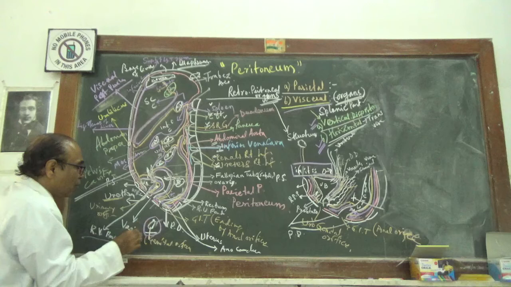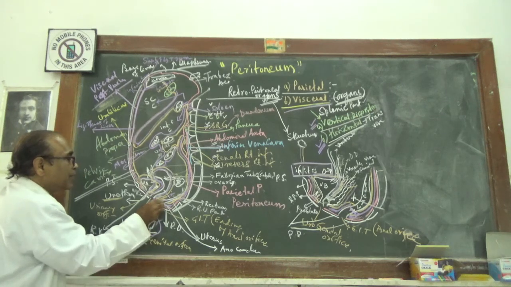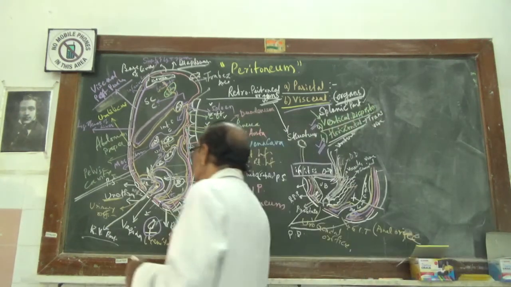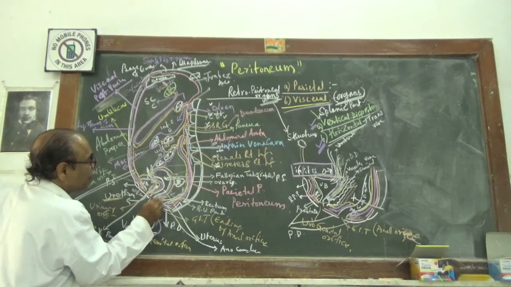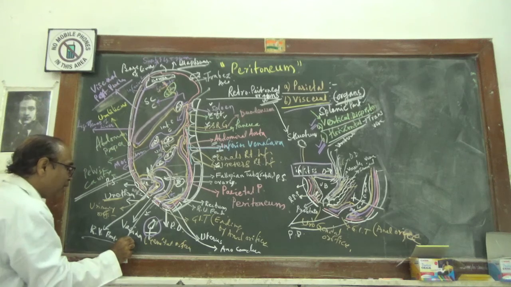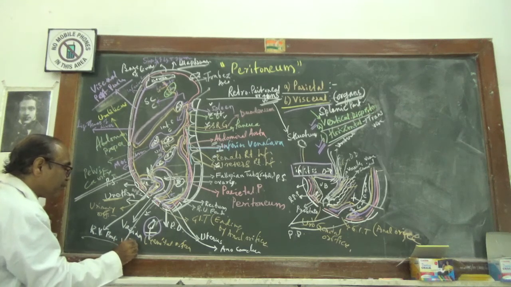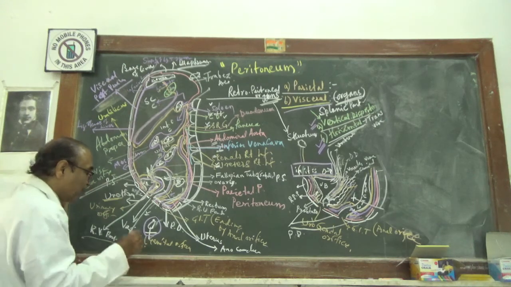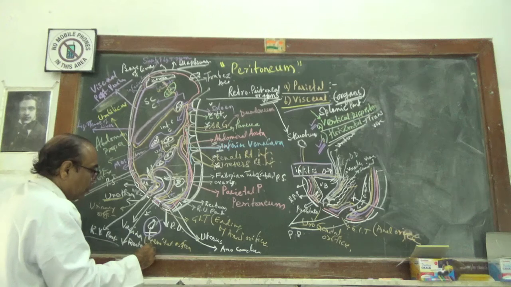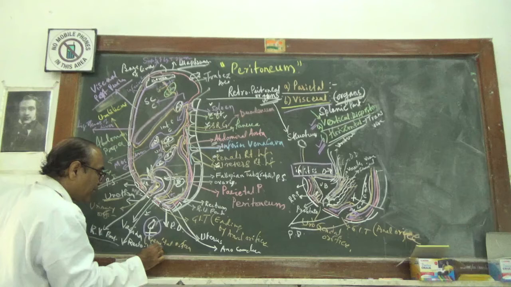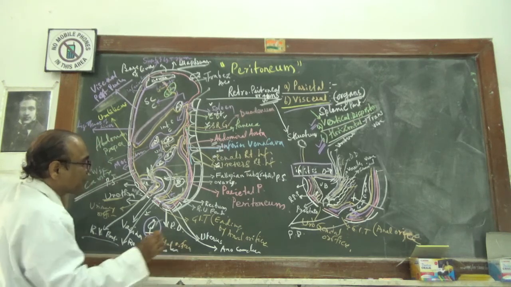Then, in case of female I am talking, from the ending of the rectum to the uterine cervix, this is a horizontal disposition of the visceral layer of the peritoneum, which is called the recto-uterine ligament.